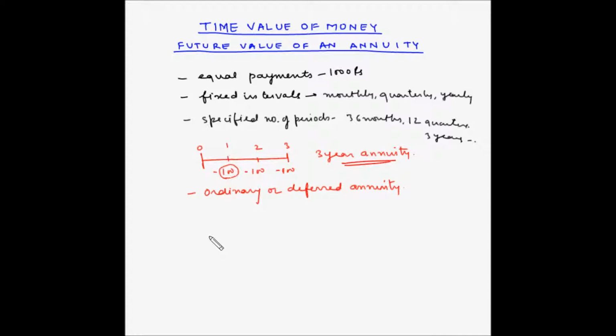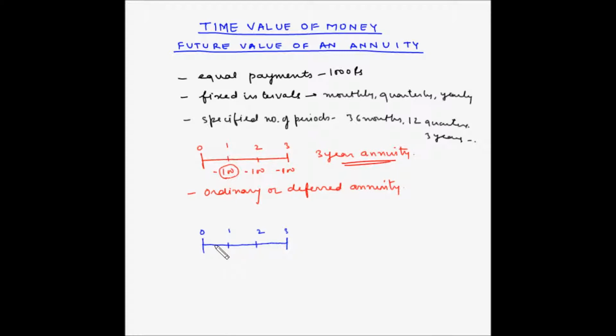Now, if the payment is made at the beginning of each period, the annuity is an annuity due. Let's see that. So this is 0, 1, 2, 3. Now let's say we were giving the payments at the beginning of the period.